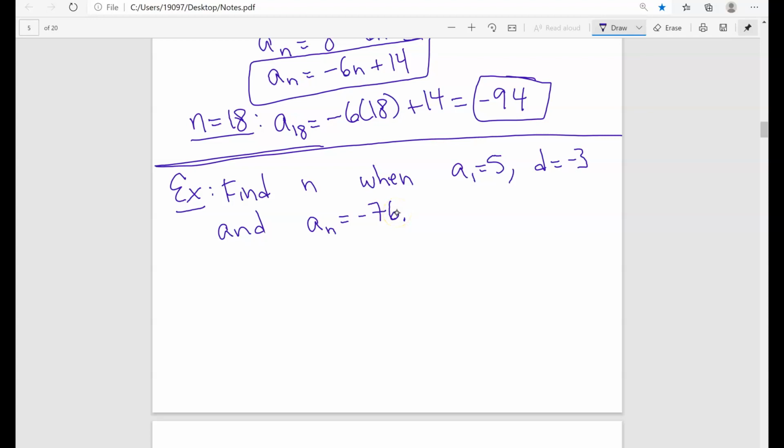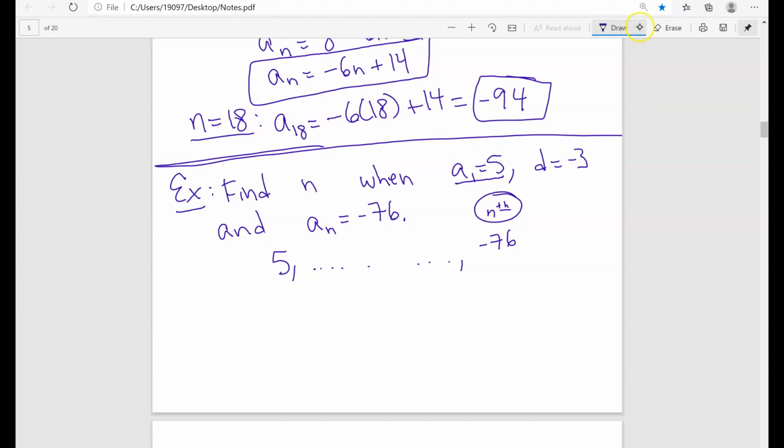Basically, we start off with A1, which is 5, and then we keep going. We subtract 3 continuously. And then at a certain point, the nth term, you get -76. So what position is that in?